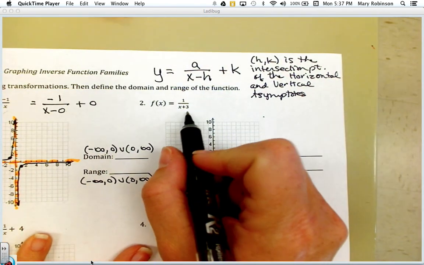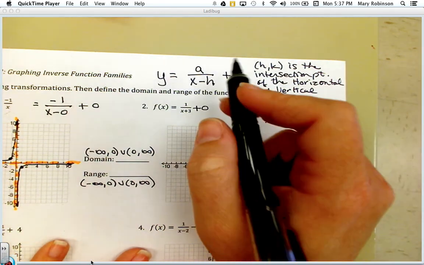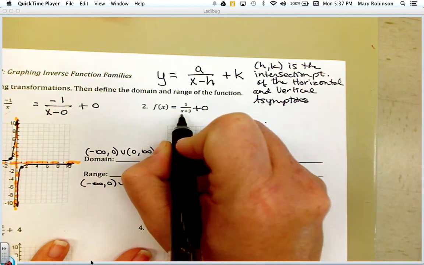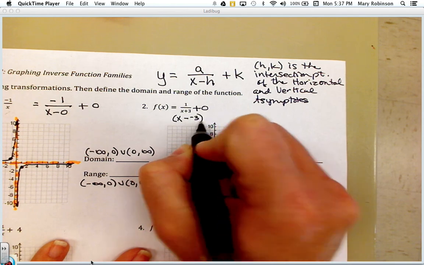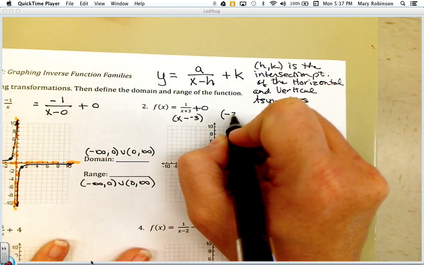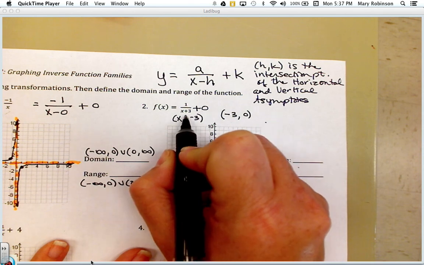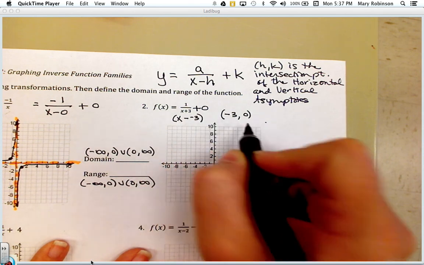So for number 2, if you don't see a number, remember it's an understood 0. If I am to state h and k, please remember that this is x minus h, so this must have been x minus a -3, which makes our h value -3. Or think of the whole switch-keep concept: +3, think -3, keep the sign of any constant outside.